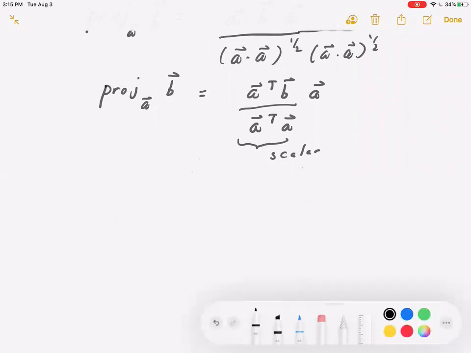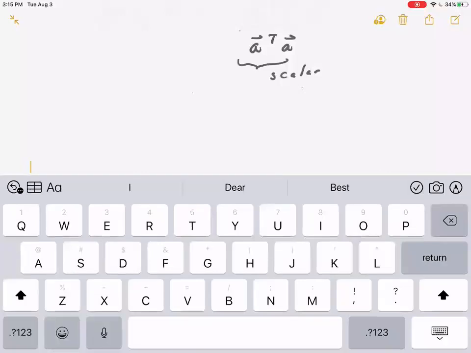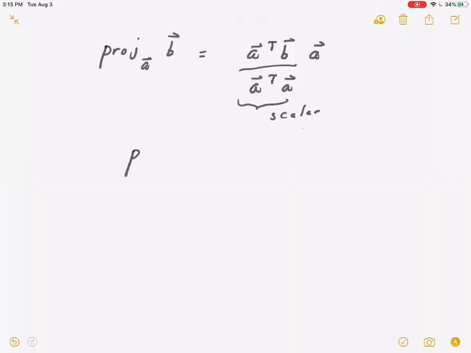All right. So that's the projection of B onto A. That is something you can rewrite as this.